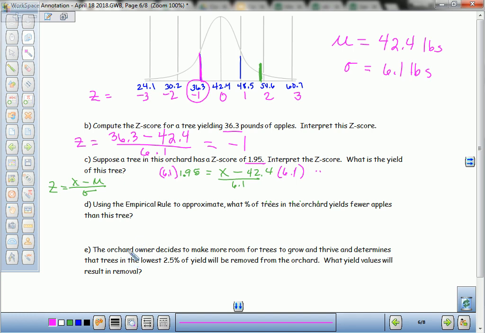All right, and when we multiply by 6.1, we get 11.895 equals x minus 42.4. So then what do we do? Add the 42.4. And when we add it, we get x is 54.30, let's round it.